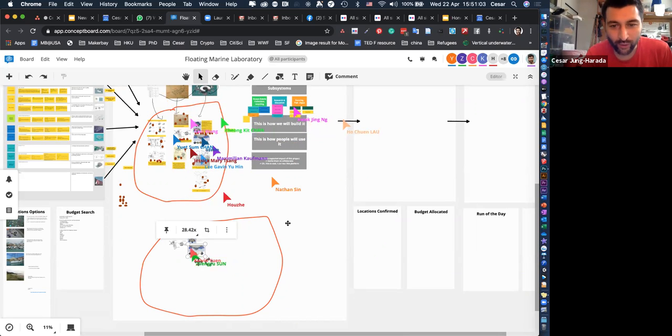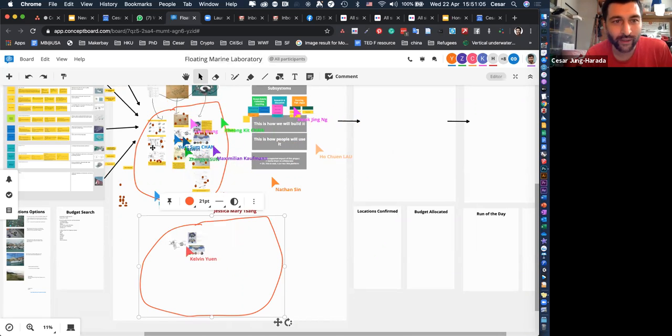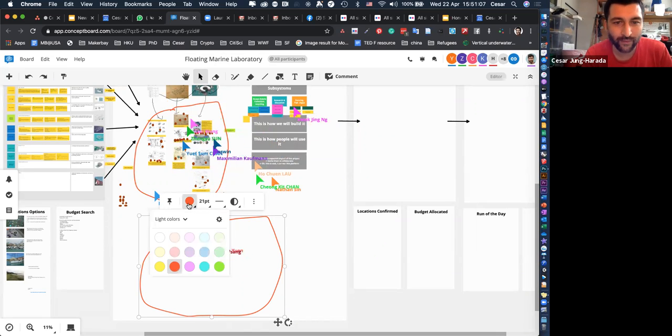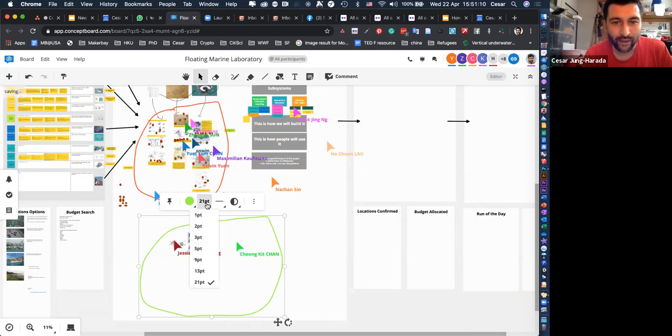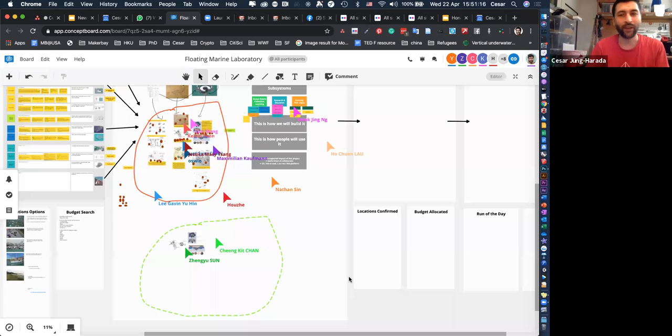So the green circle, I'll make that circle green. Okay, so shall we spend 5 minutes and make some sketches of how we could make a synthesis of this design?